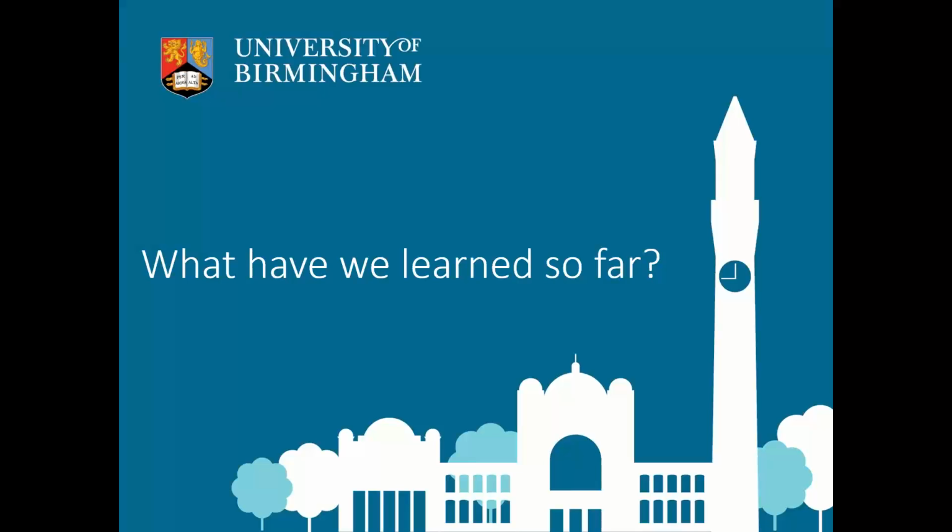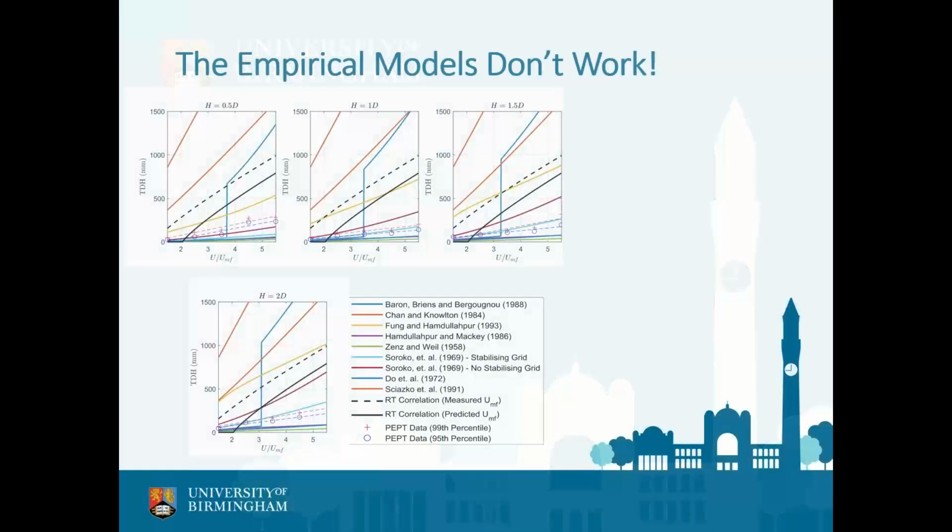So the last part of this talk, and perhaps the most important: what have we managed to glean from these systems using our positron emission particle tracking? Well, one of the most striking observations we made was that before Recycling Technologies had access to PEPT, they designed their systems through empirical modelling.